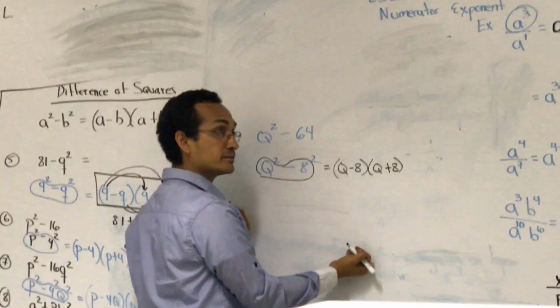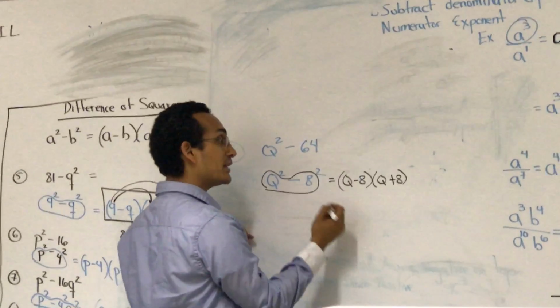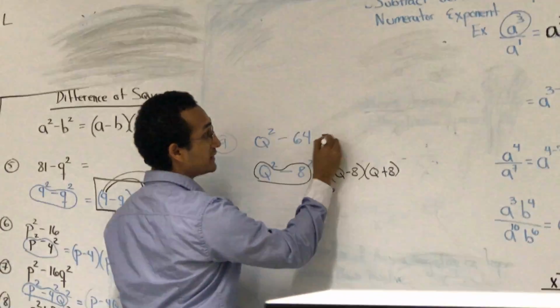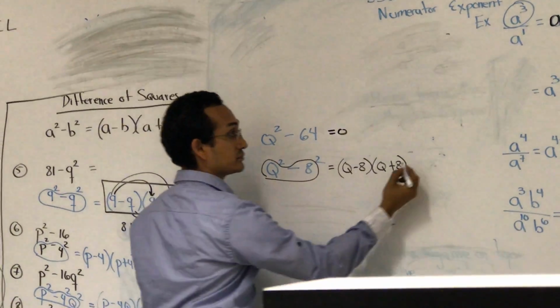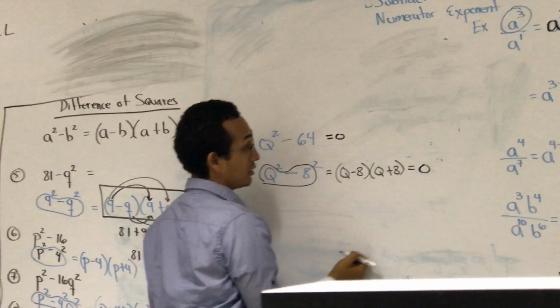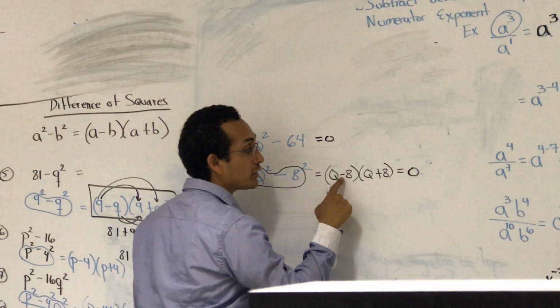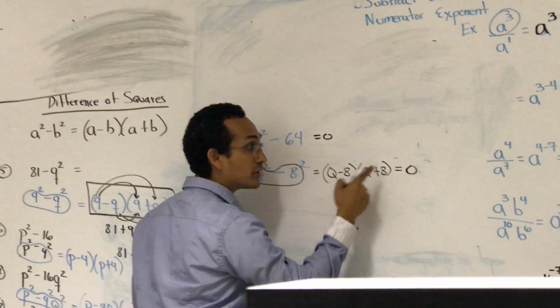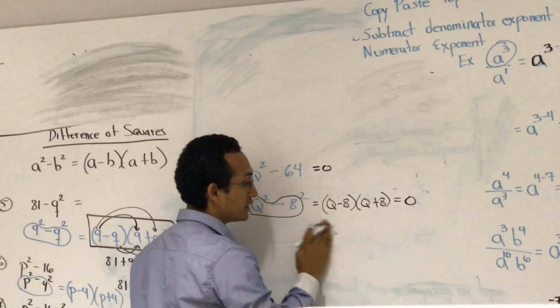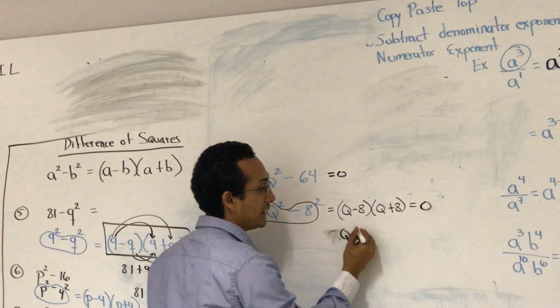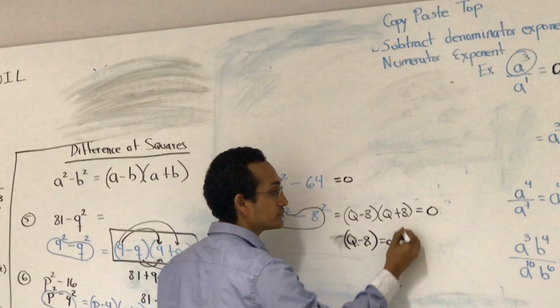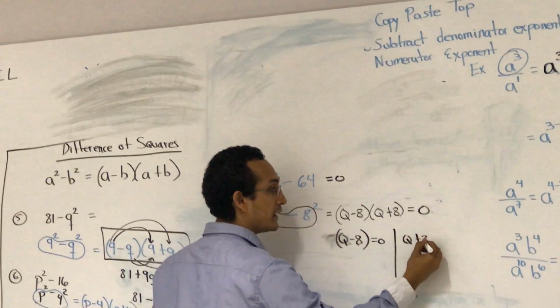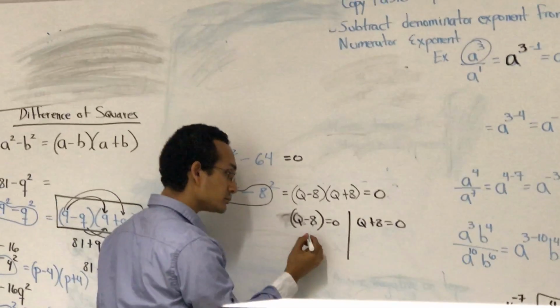If they were to ask you, this is equal to 0, what you're going to do is solve each of them by setting each equal to 0. So q minus 8 is equal to 0, and q plus 8 is equal to 0.